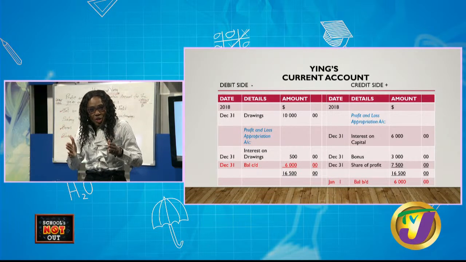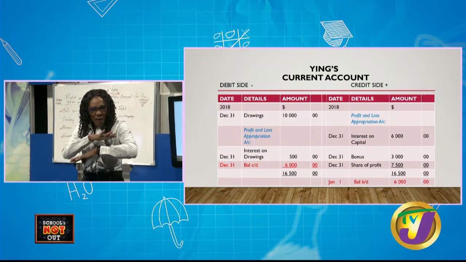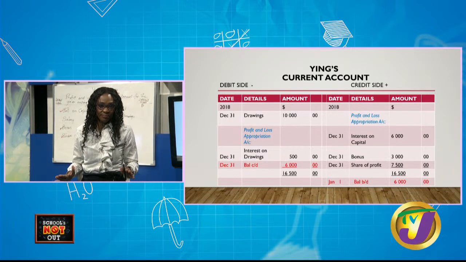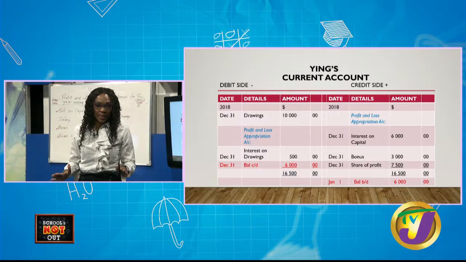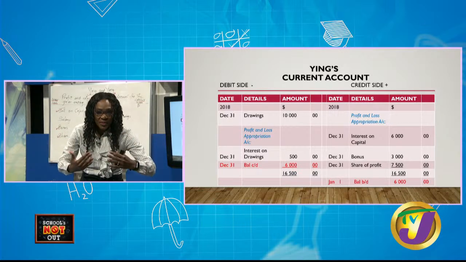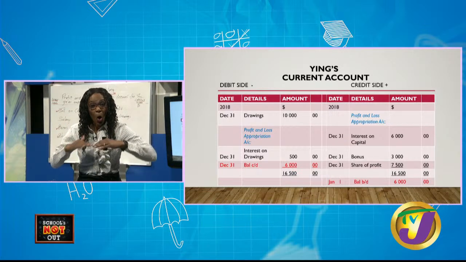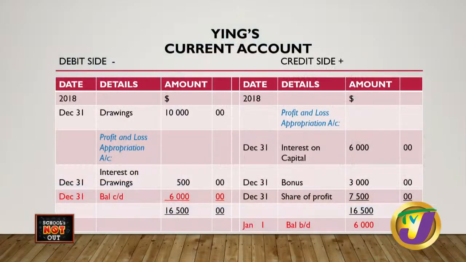The partnership owes the partner all that money because he has received, he has increased in all that amount. Again, if the BD falls on the credit side, the partnership owes the partner.